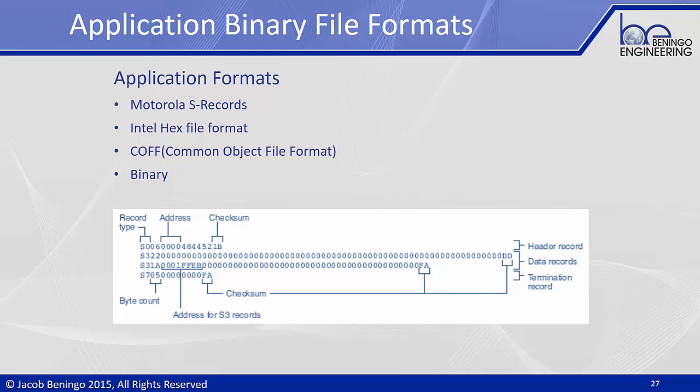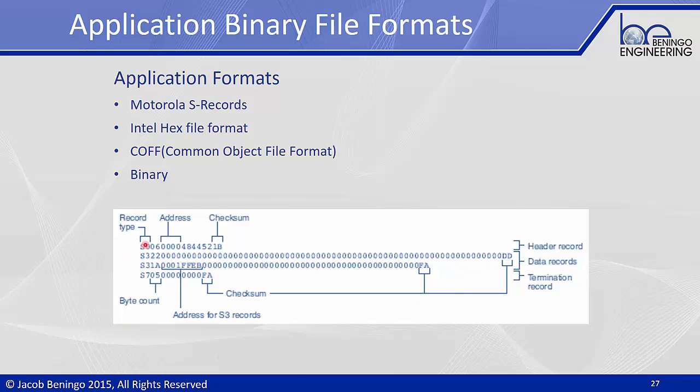Our application from our IDE, usually you can generate any of these or at least one of them, and then we can write our GUI code to go through, parse this, send it down to the bootloader, and then these records are basically going to tell the bootloader what our application is, what the pieces are, and where they should be located. So let's take a look at this S record example. A single record is a single line here within a file.